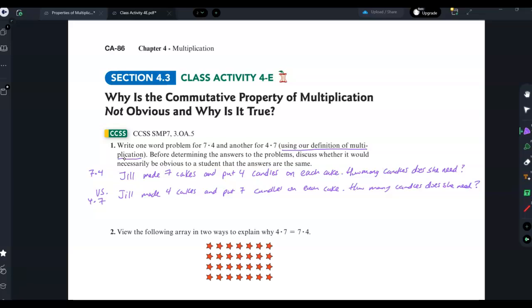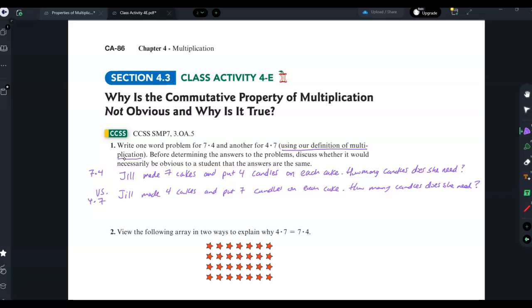So I can write something down here, but keep in mind your response would be very different depending on what you wrote. I think even in this case, it might not be obvious that they have the same answers because the number of cakes and candles are different, even though you just swap them. If you drew a picture of cakes and candles, they're totally different pictures: 7 cakes drawn with 4 candles each versus 4 cakes drawn with 7 candles each.